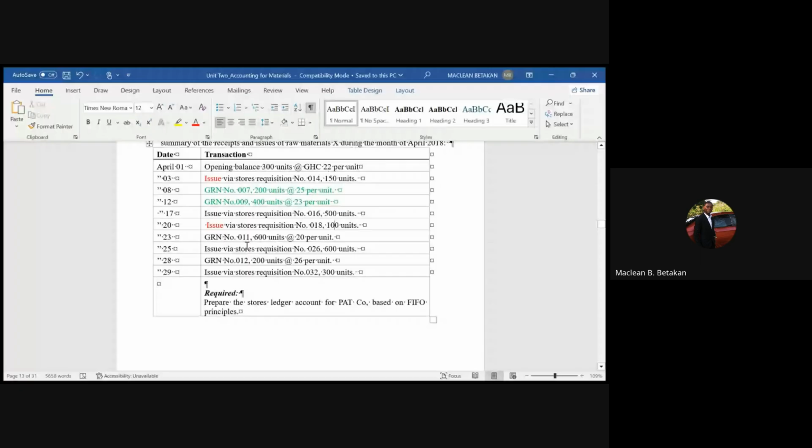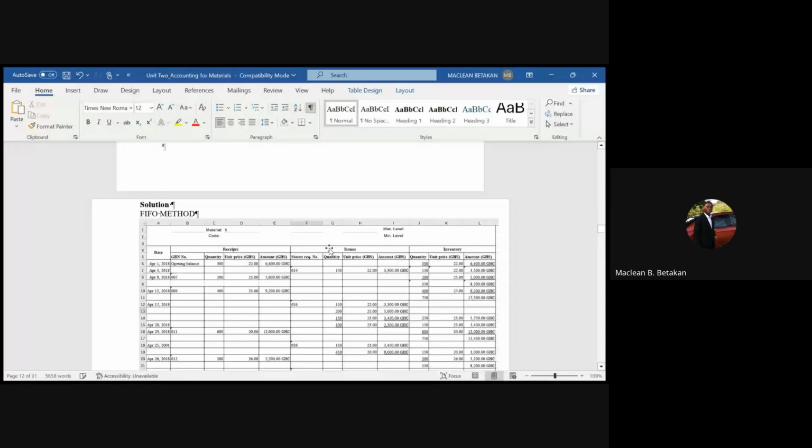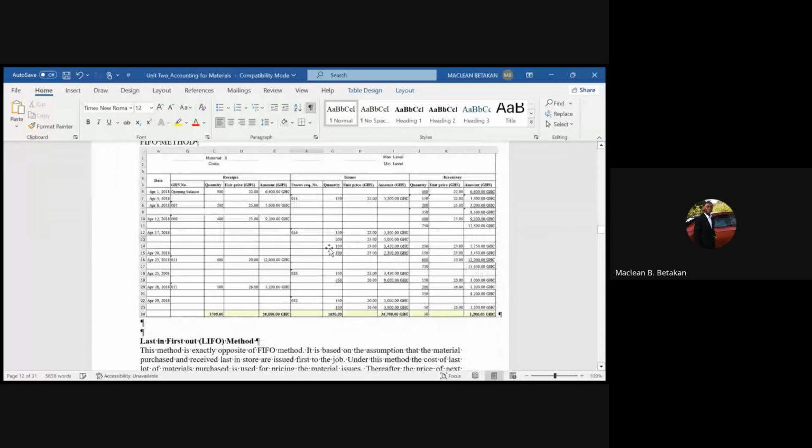Then we move to the 25th. On the 25th, we are going to issue. Remember, we have 750. Now we can issue 600 out. So we are issuing 600 out of the 750. But remember, there is 150 that is sitting there before the 600 is added on.